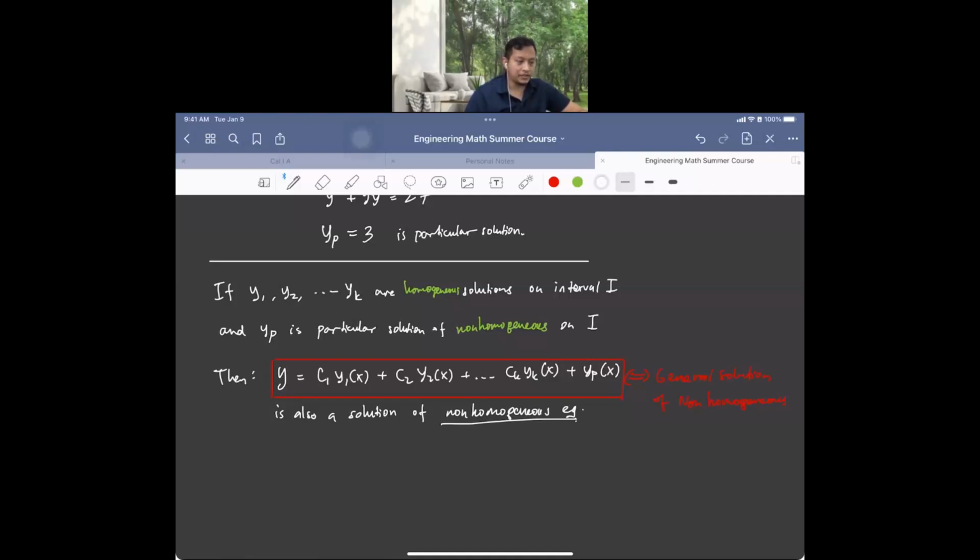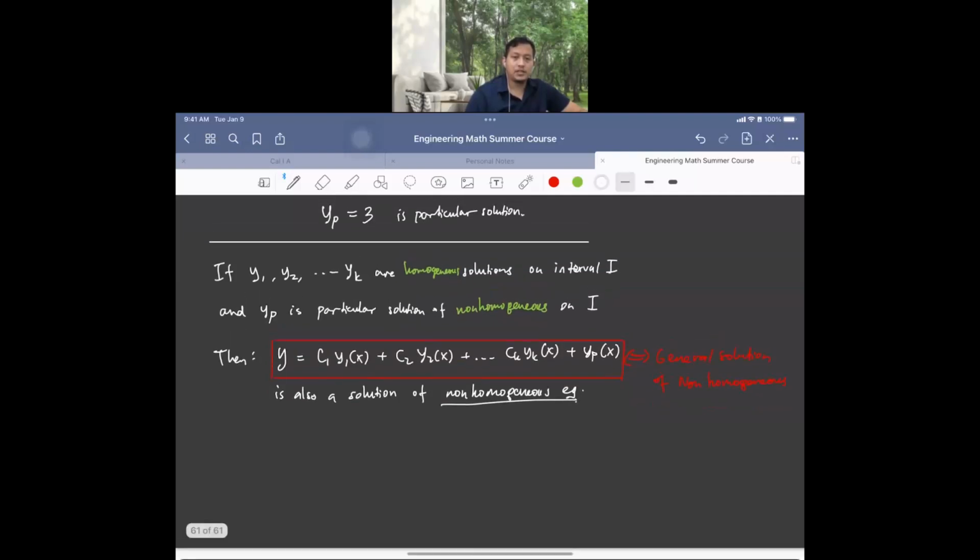And of course, that makes sense. Why? Because if you remember the homogeneous equations, when you have the differential operators, let me write with green.